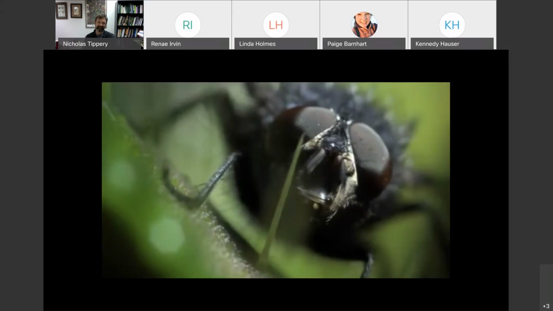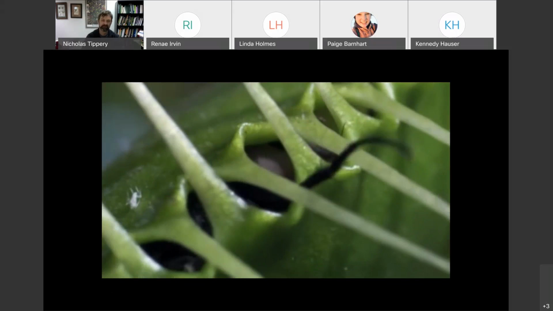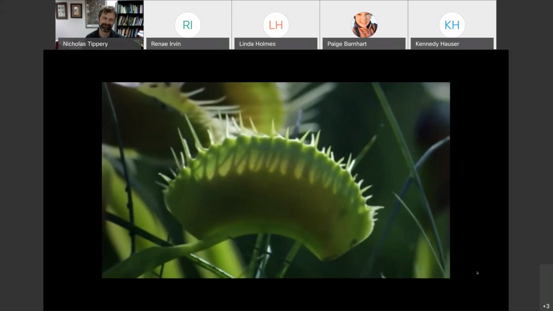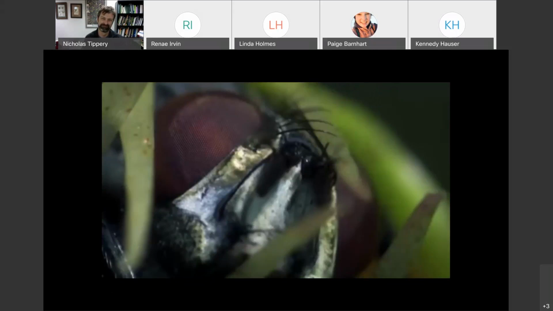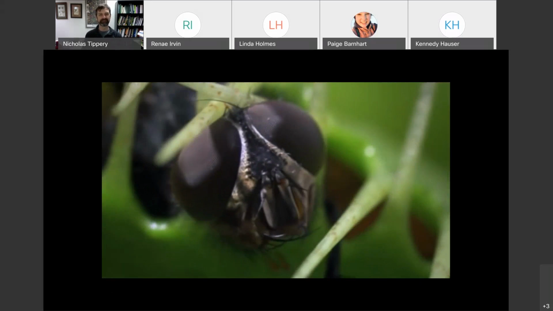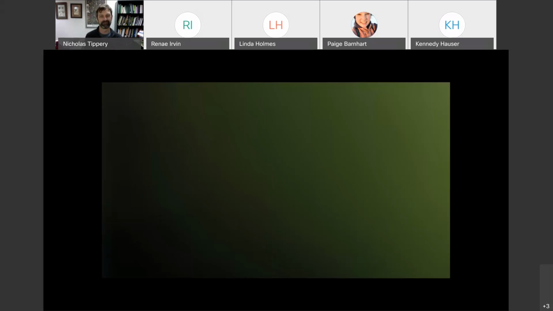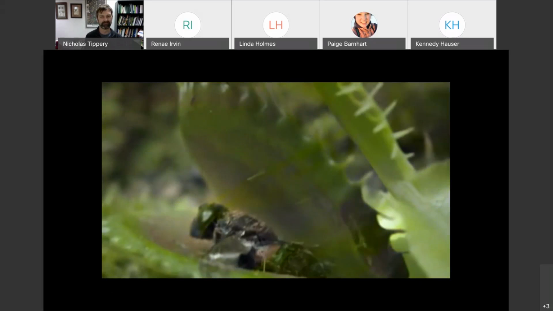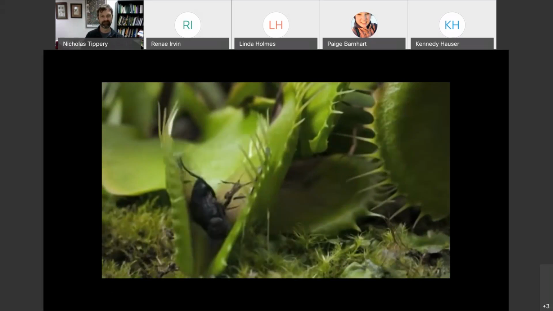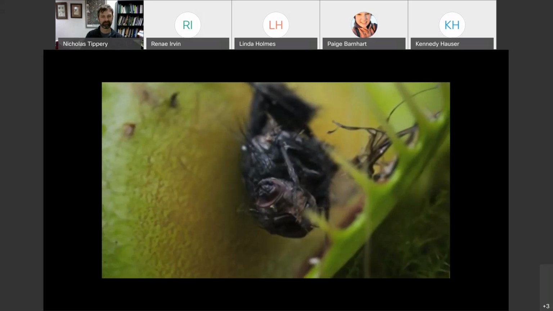But most get the death penalty. 10 days later, the trap reopens. All that remains is a desiccated husk. The plant has finished its meal and once again sets the table for the next victim.